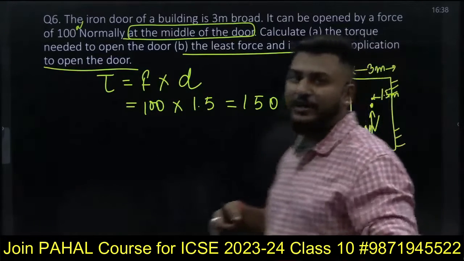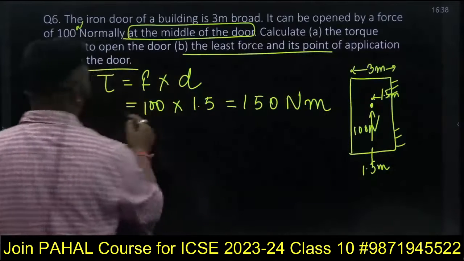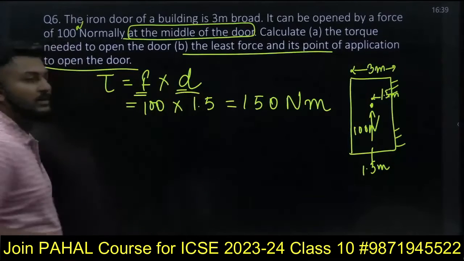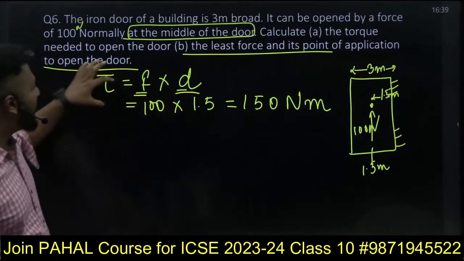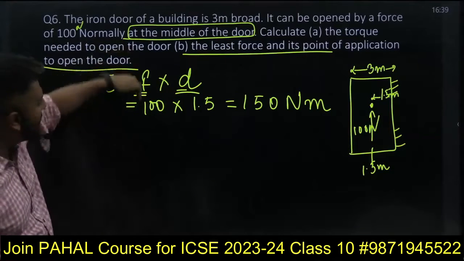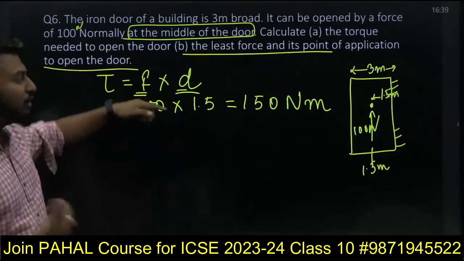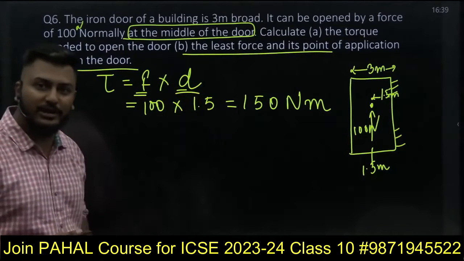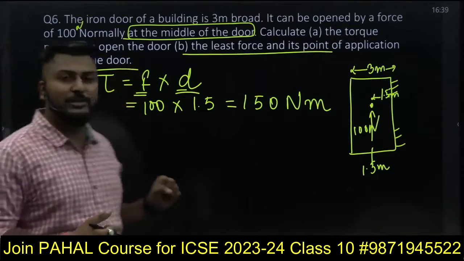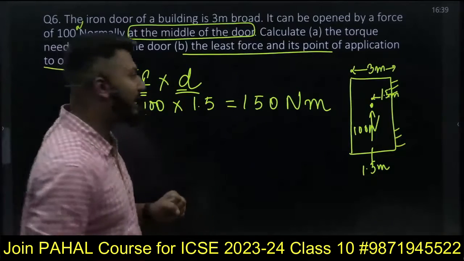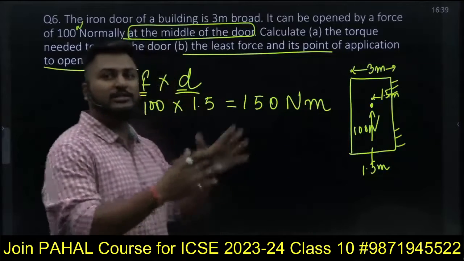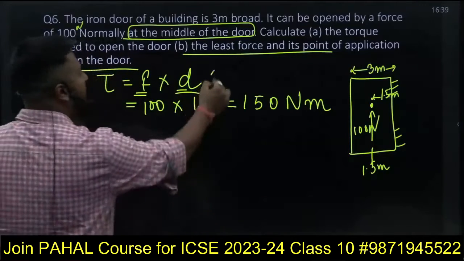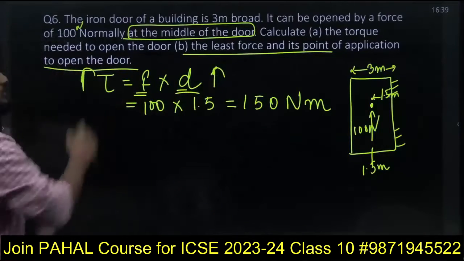Now since we know that torque produced is equal to the force into the perpendicular distance, right? If we want to keep the force the same, or decrease the force, and we want to increase the torque, then what do we have to increase? The perpendicular distance. If you increase the perpendicular distance, your torque will also increase.